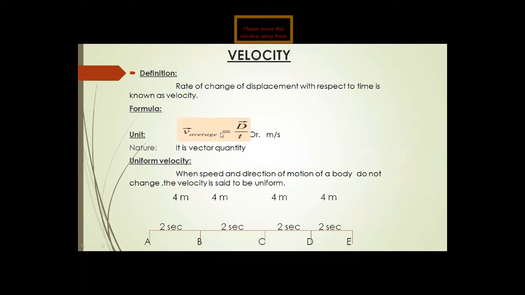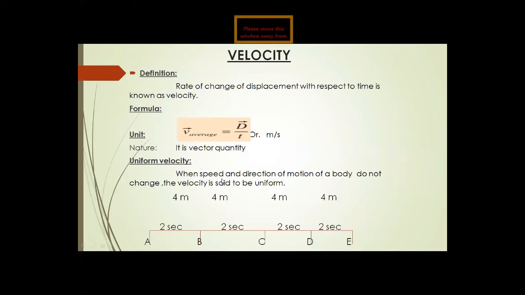So v is equal to d over t. Now its unit will become meter per second, similar to speed. The unit of velocity is similar to speed. Now, the nature of velocity: it is a vector quantity.